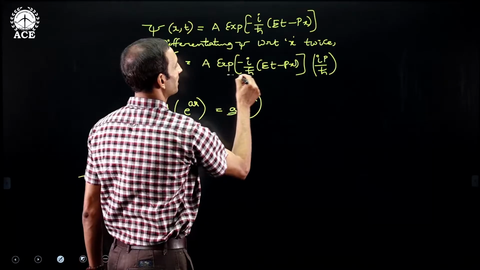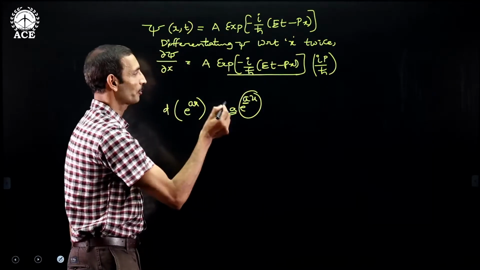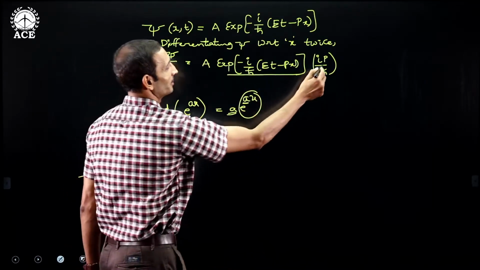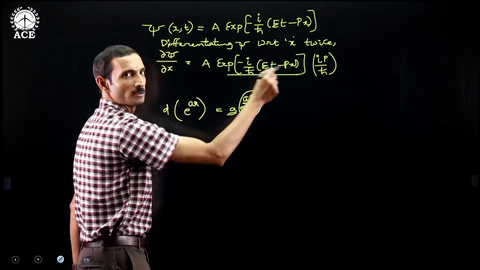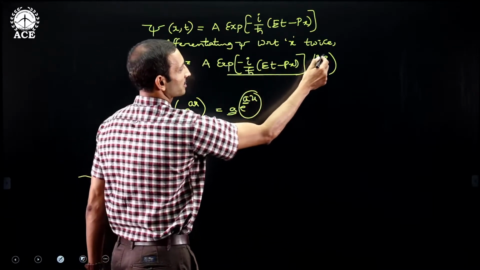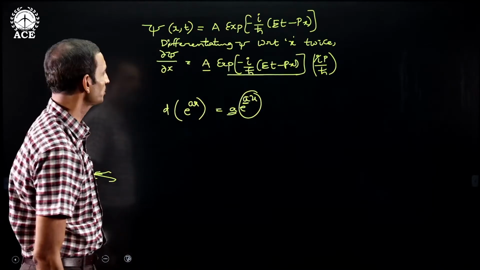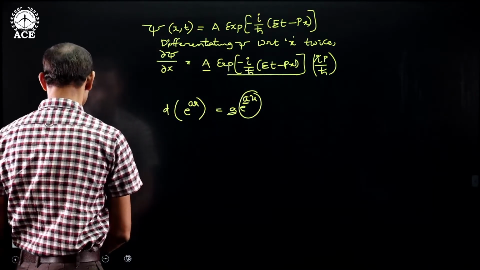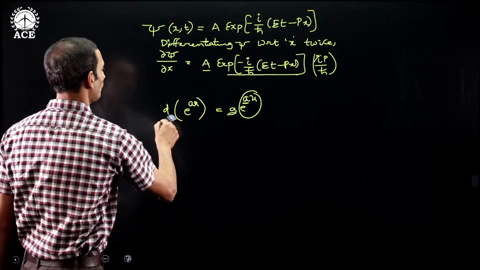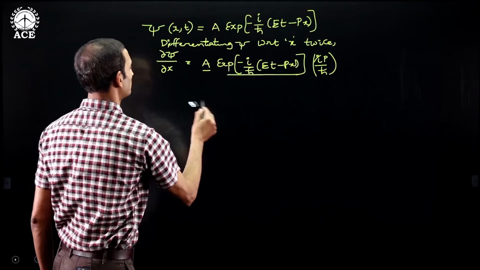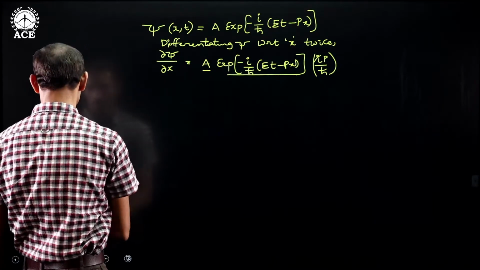Similarly, this is the entire e power ax. The coefficient of x, because we are differentiating with respect to x, is going to come over here. The rest anyway is a constant, right? So our equation would be like this. This is the first differential.